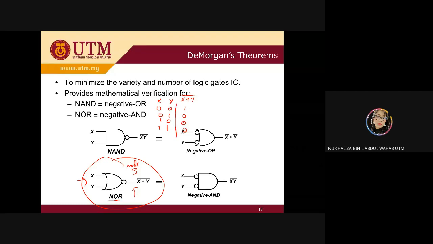Correct me if I'm wrong, okay? Over here, you're going to get X plus Y bar, which is the inverter of your OR gate. You'll be getting 1, 0, 0, 0. After that, you want to prove that it is basically similar to X bar, Y bar.